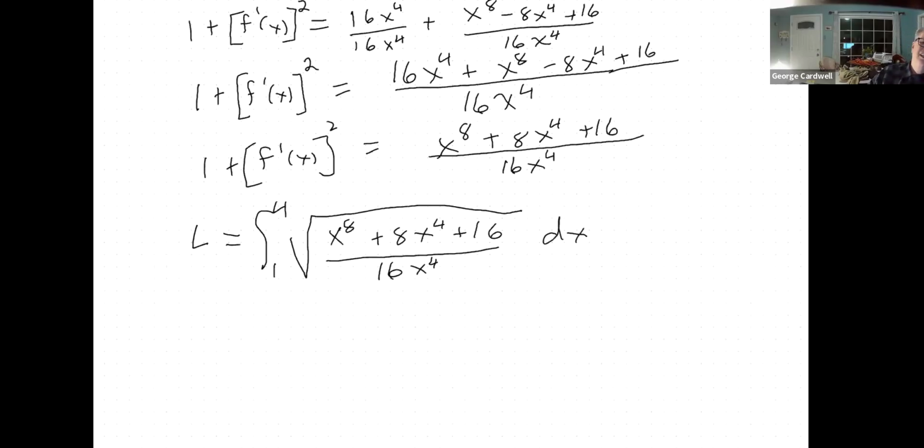Now, when I first learned these in college, I probably had the same reaction you're having right now. It's like, good Lord, how am I supposed to integrate? That's a crazy looking thing.